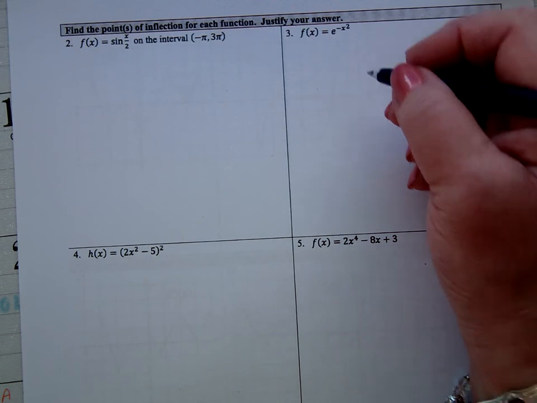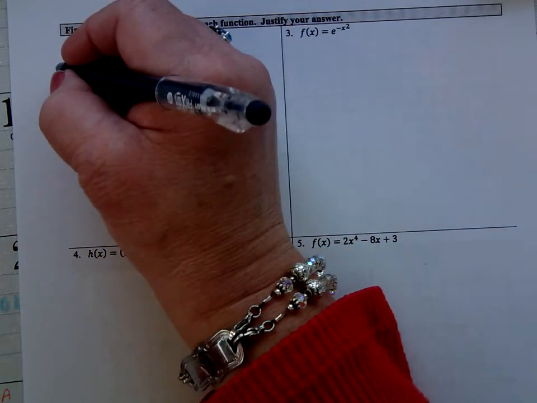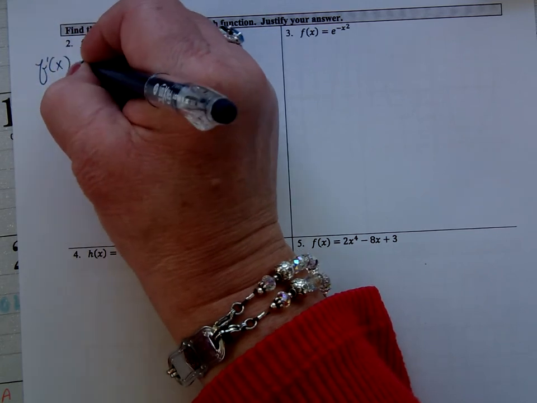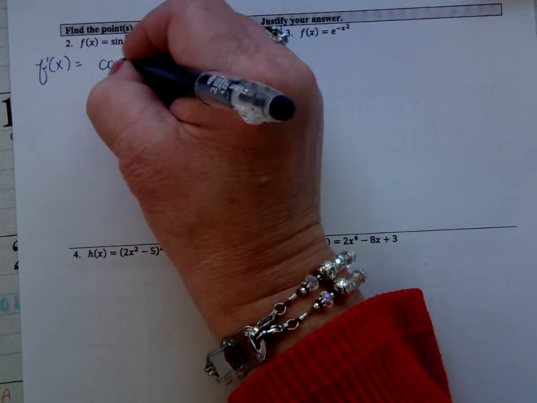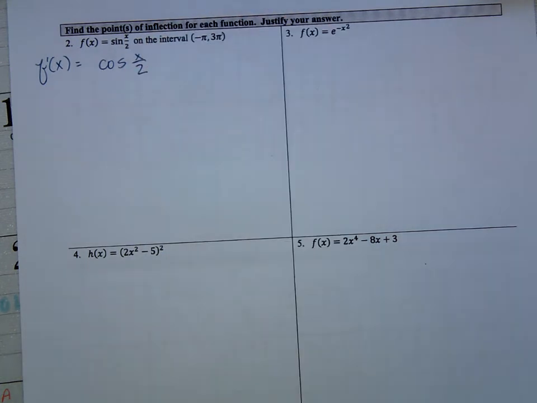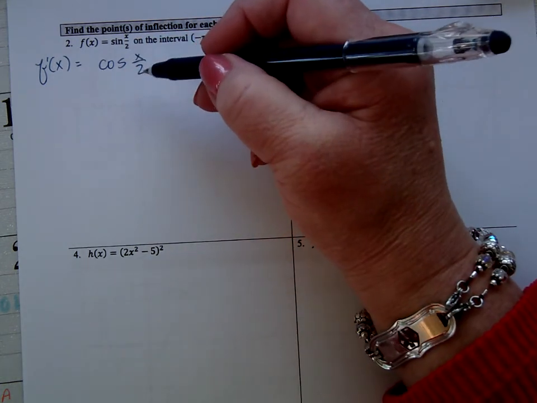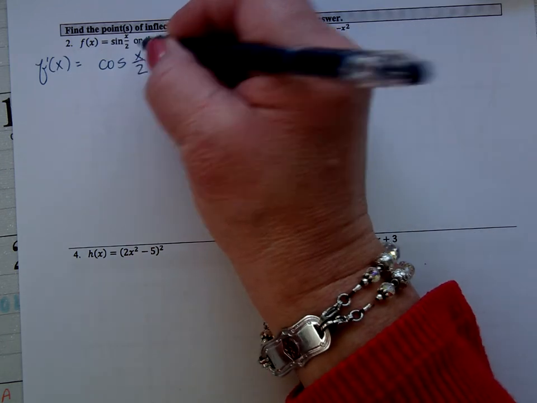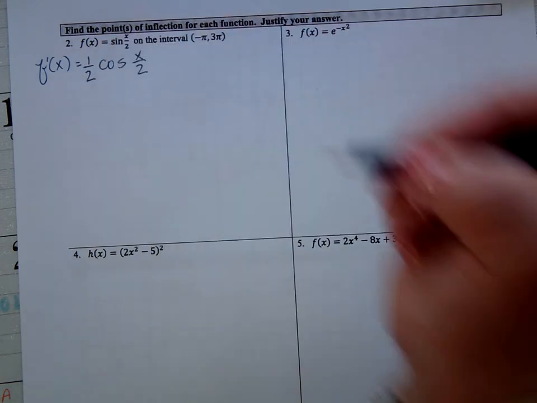So I'm going to work my way to the second derivative. Here it goes. The derivative of sine is cosine. So I have the cosine of x over 2, but then it's times the derivative of the angle. So this is like a 1/2 x, so it's times 1/2. I'm going to put the 1/2 in front. There's my first derivative.